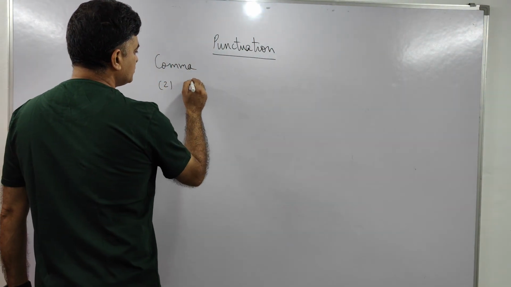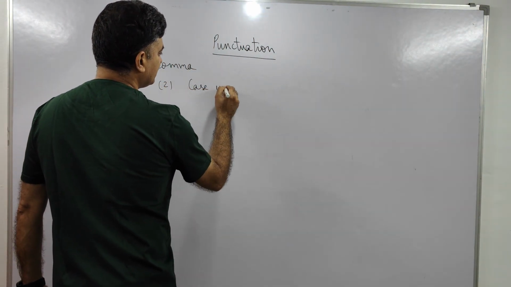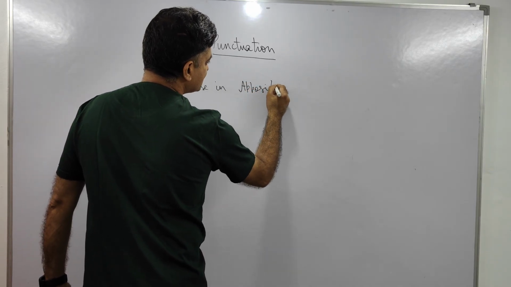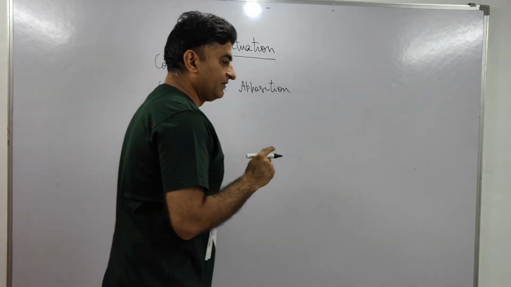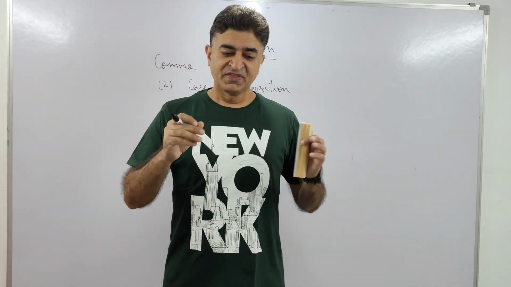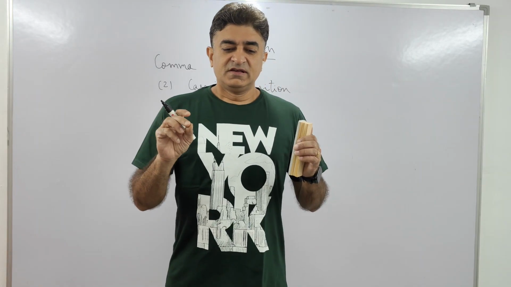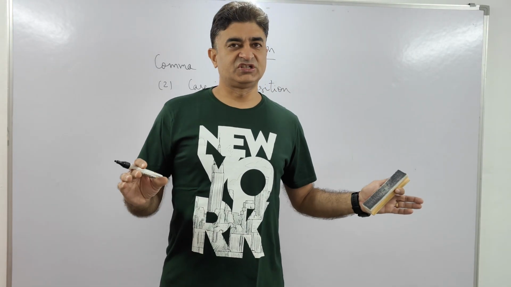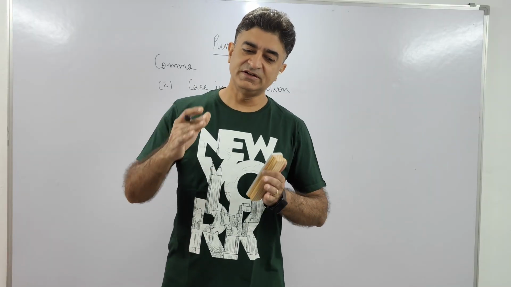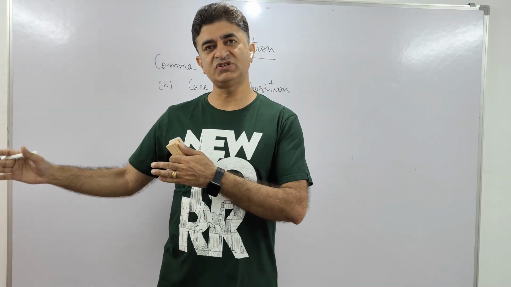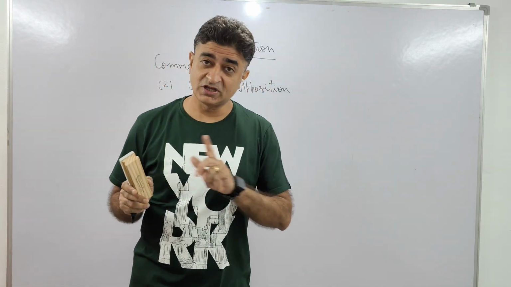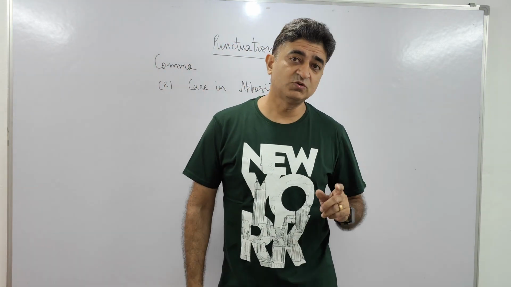Second use is it is using case in apposition. If you remember, this also I told in synthesis and transformation. I have explained this. What is case in apposition? Case in apposition refers to when we are mentioning certain information about a subject and we are mentioning it along with the subject, and we are distributing different pieces of information. Remember what I told: information has no plural.